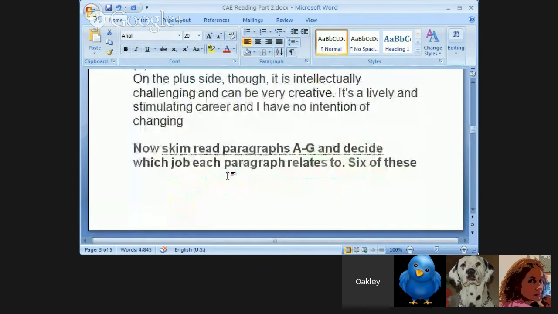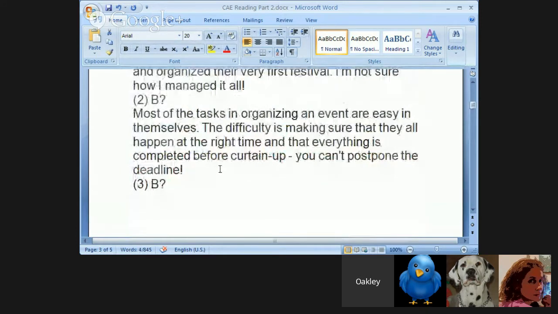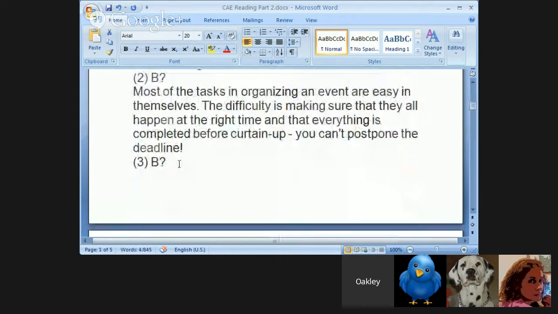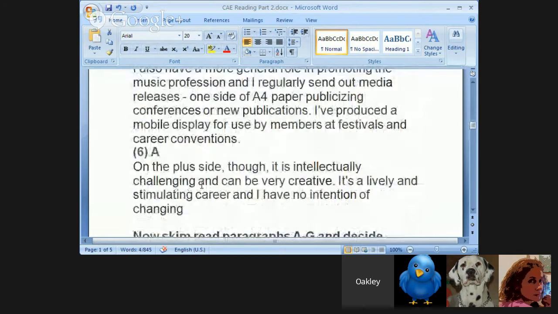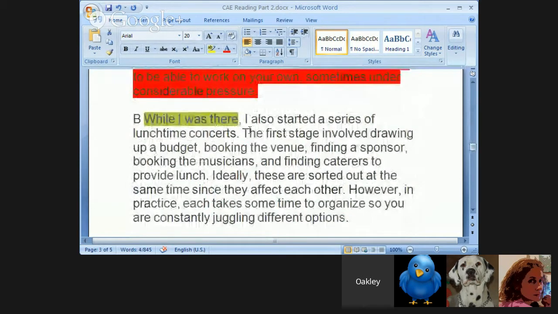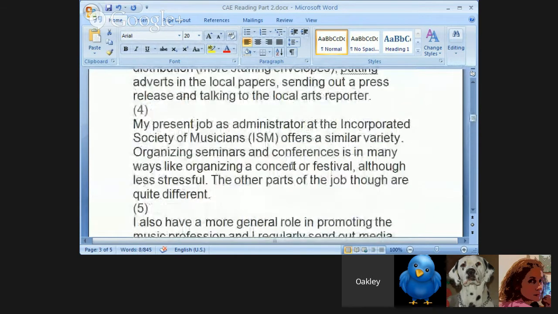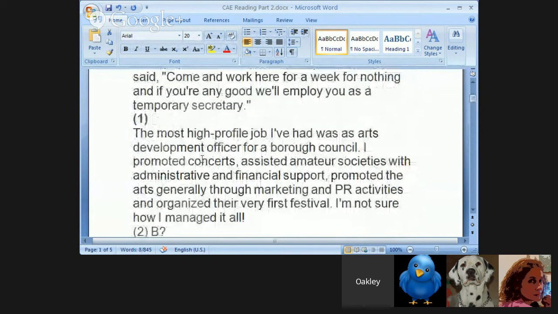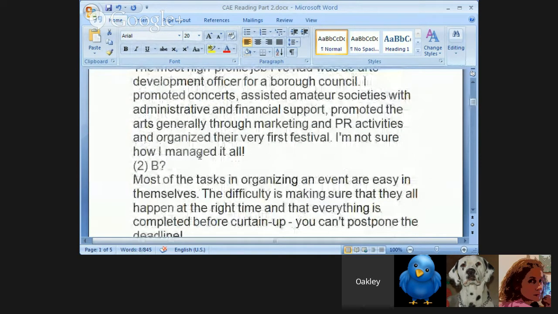Yeah, I strongly, you're right, it can't be down here, because he's introducing the idea, right? I also started a series of lunchtime concerts, and then all the rest of the stuff is things that are done for concerts. All of everything afterwards here.